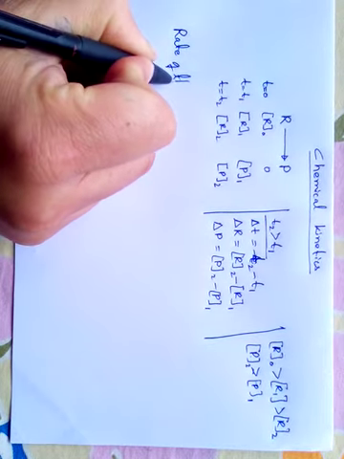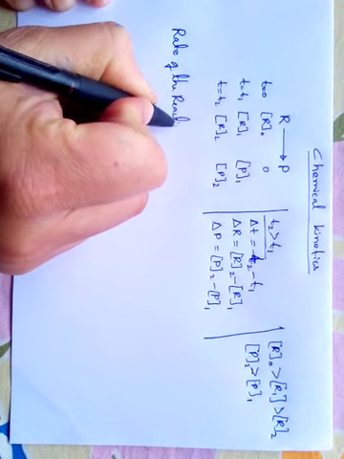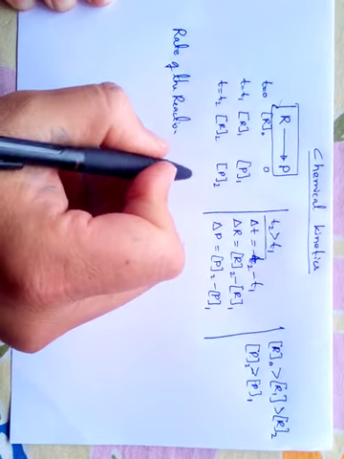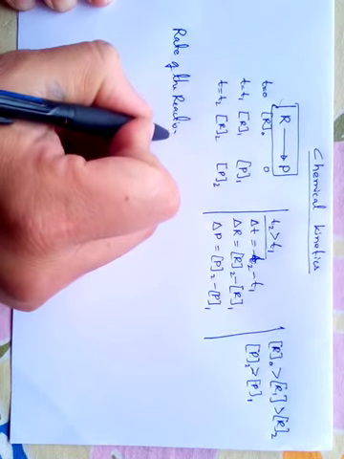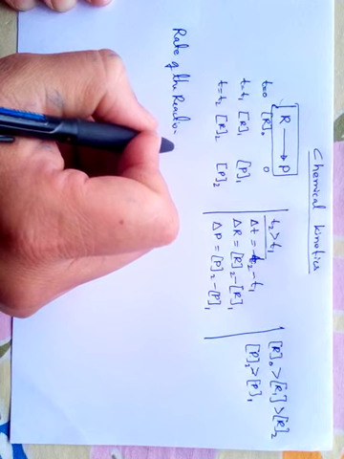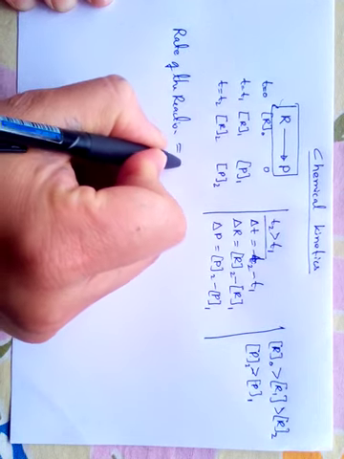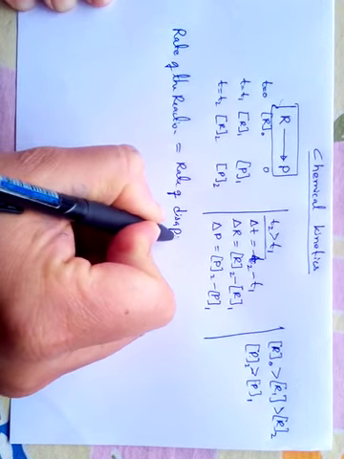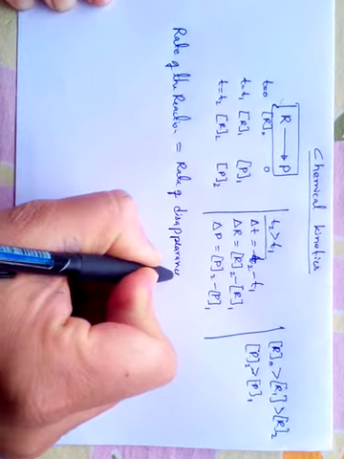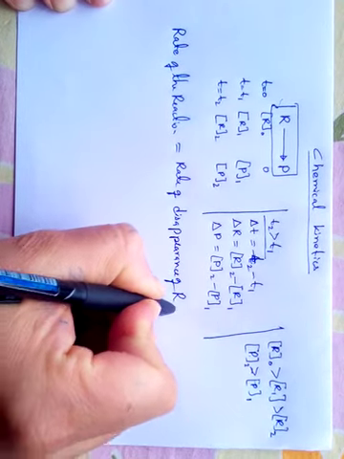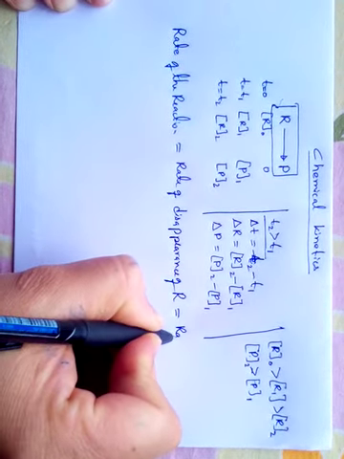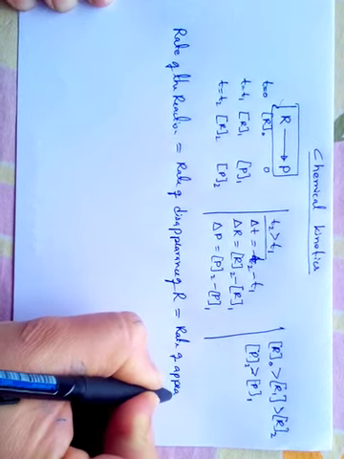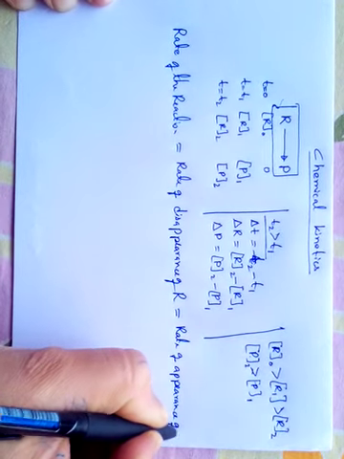For this reaction, R goes to P, we say the rate of the reaction can be written as the rate of disappearance of R, which equals the rate of appearance of P.